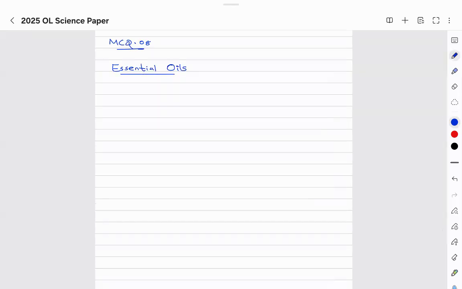Now, essential oils means we know that the vaporizable oils which are taken from plants and animals.